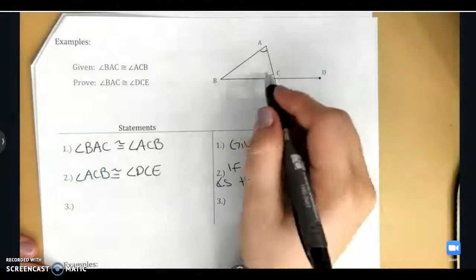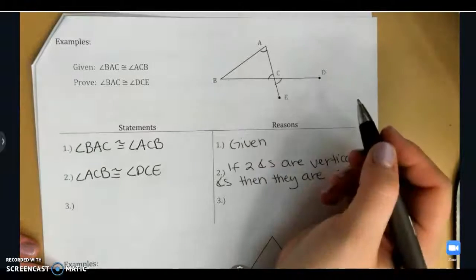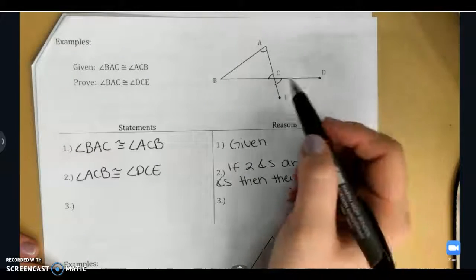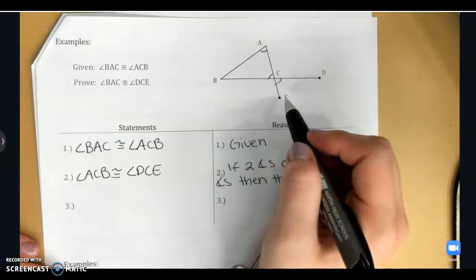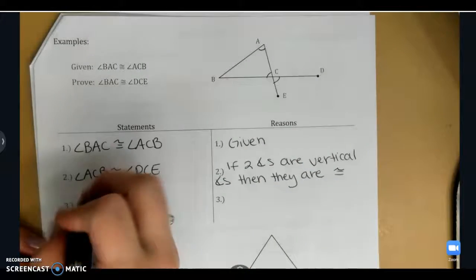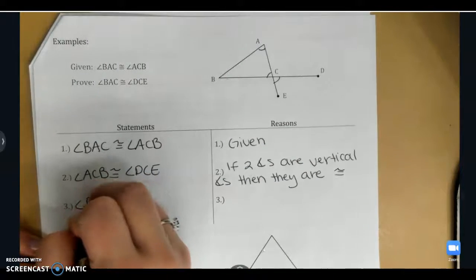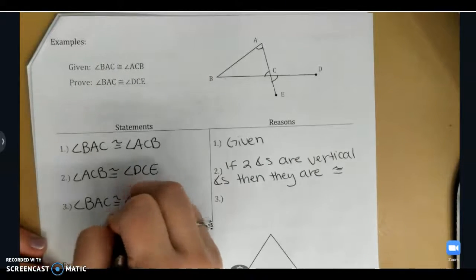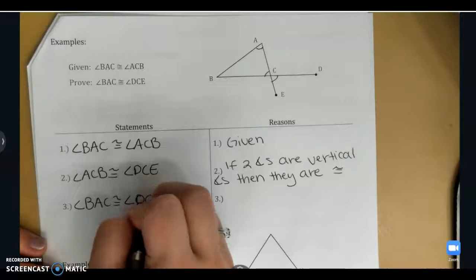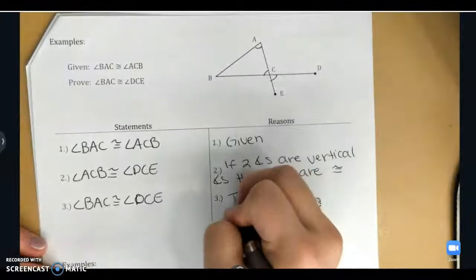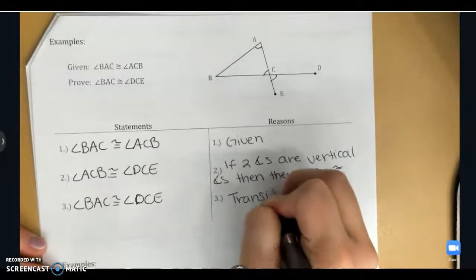Okay, so if these two angles are congruent, that tells me that DCE is also congruent to BAC. And that is by the transitive property.